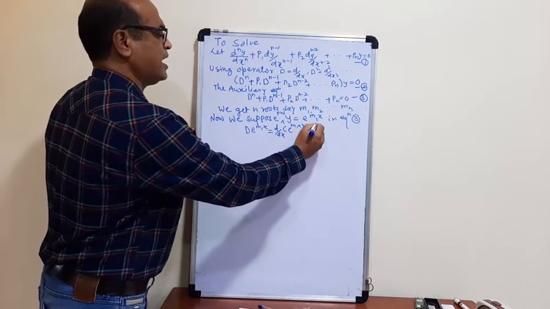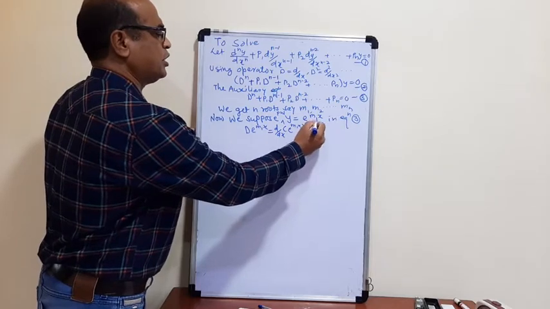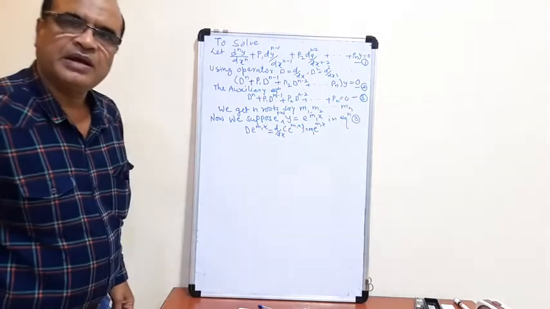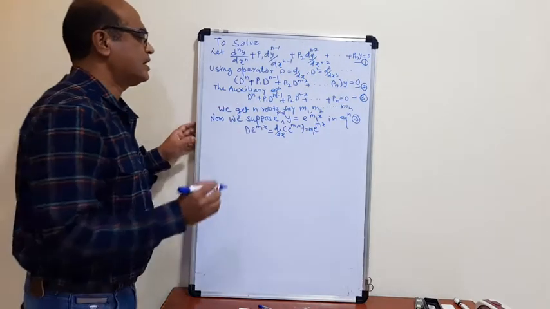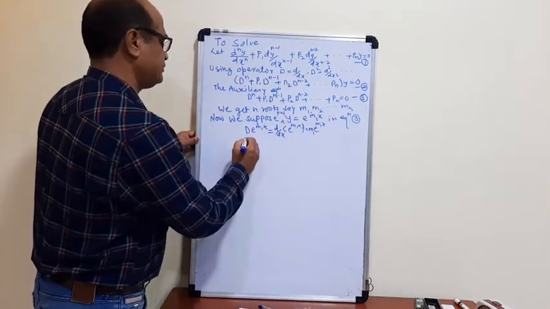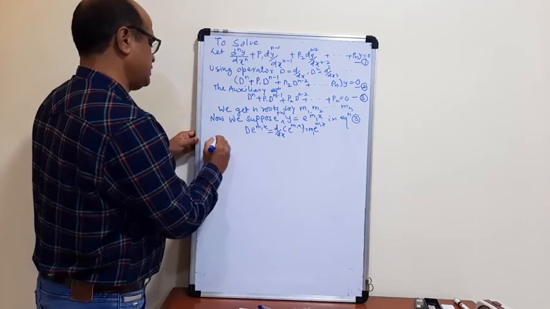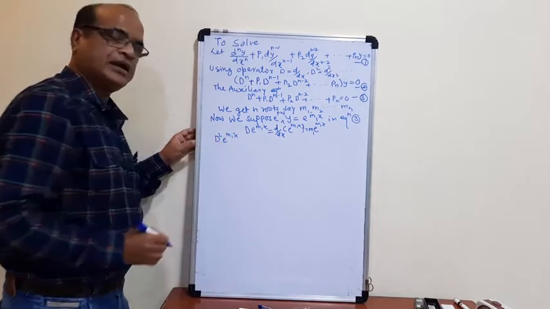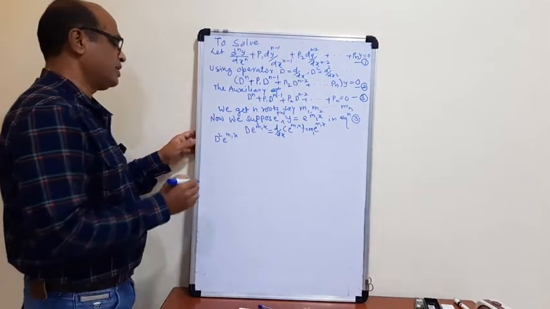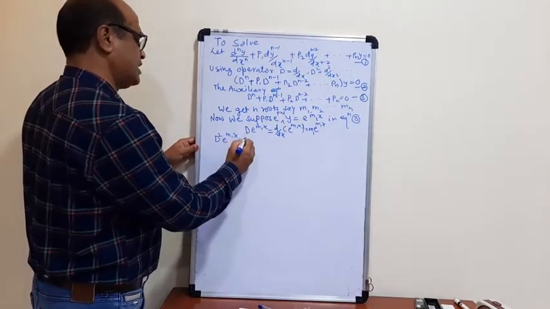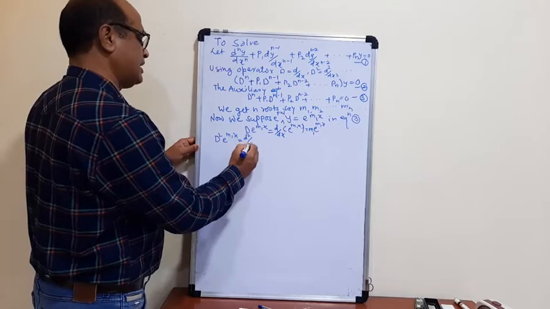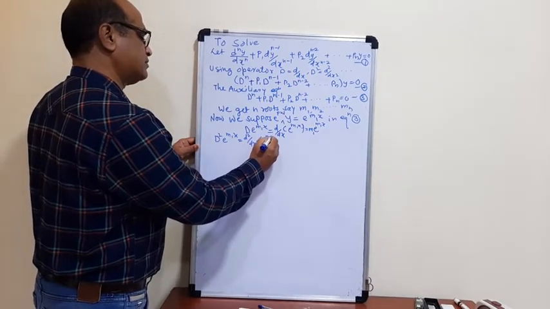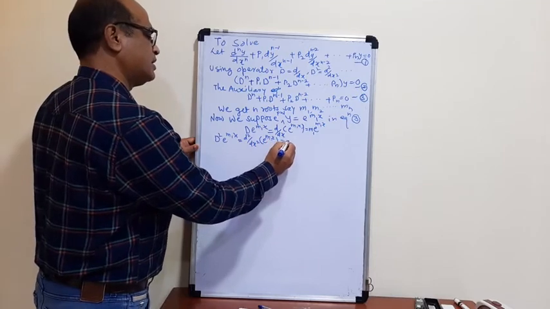It is e raised to m1x into the derivative of m1x, which is m1. Similarly, what is D^2 of e raised to m1x? Again, D^2 into e raised to m1x, that is d^2 by dx^2, the second order derivative of e raised to m1x. So this is what?